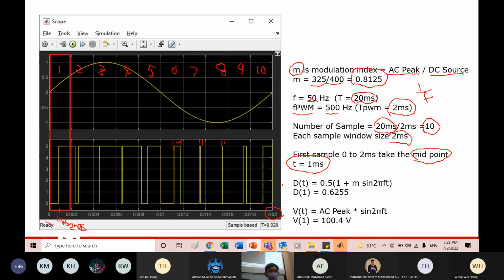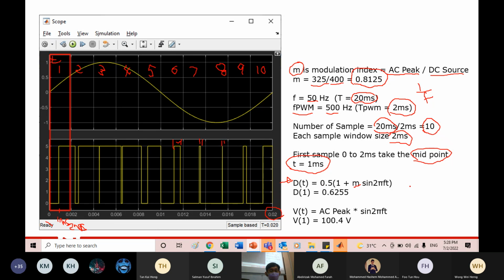And then you calculate the duty cycle D(t), where t refers to the time, here T1. The duty cycle is 0.5 multiplied by (1 plus M sine 2 pi f t).